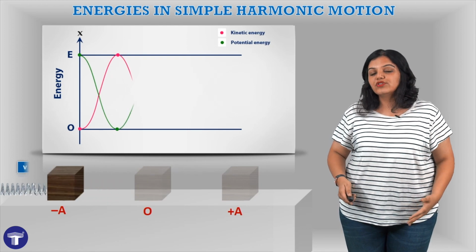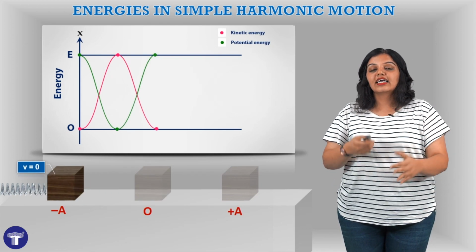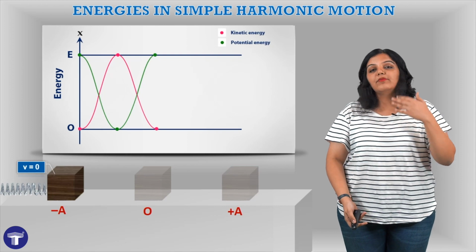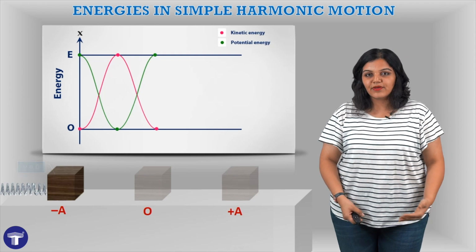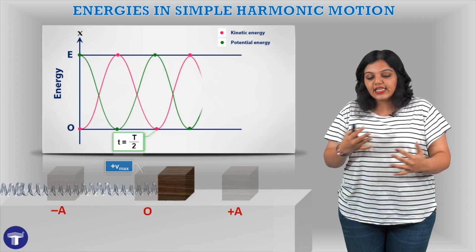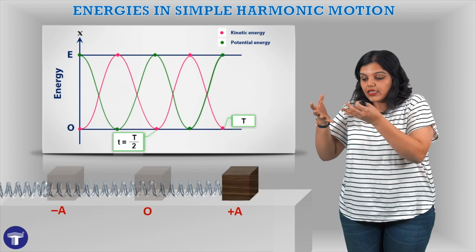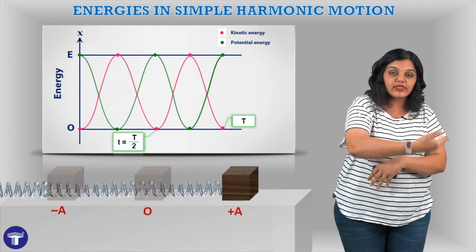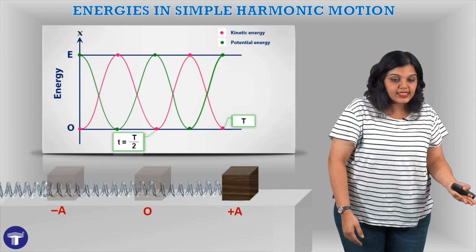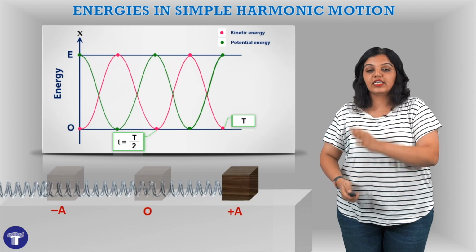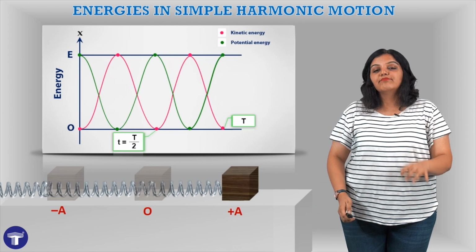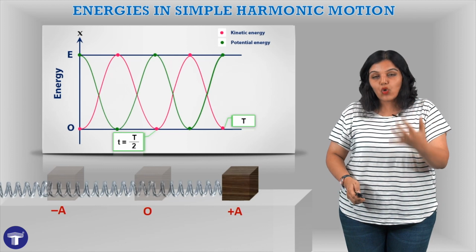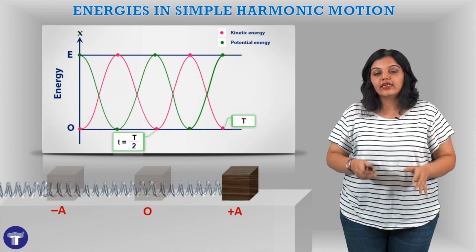Now as the block moves towards the other extreme, again kinetic energy goes to 0, while potential energy becomes the total energy. So you see that at any given instant of time, either the potential energy is getting converted into kinetic energy, or the kinetic energy is getting converted into potential energy. However, it is important to note that their total energy remains a constant.